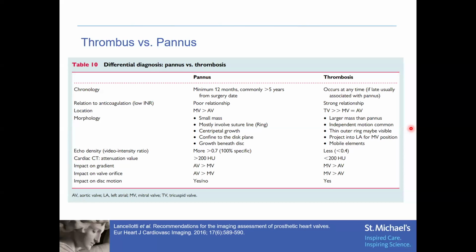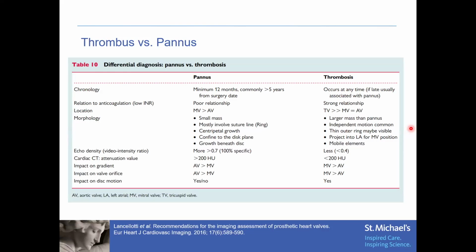If they've had sub-therapeutic INRs, that could cue you in that it's more likely a thrombus, whereas there's no connection to pannus. Generally, thrombi tend to happen most commonly in the tricuspid valve, followed by the mitral and aortic valve. Pannus tends to form most often in the mitral valve in general, rather than the aortic valve.